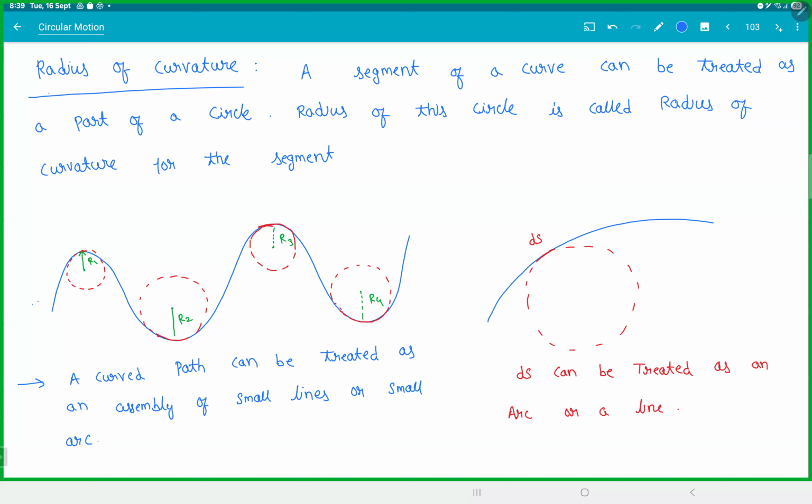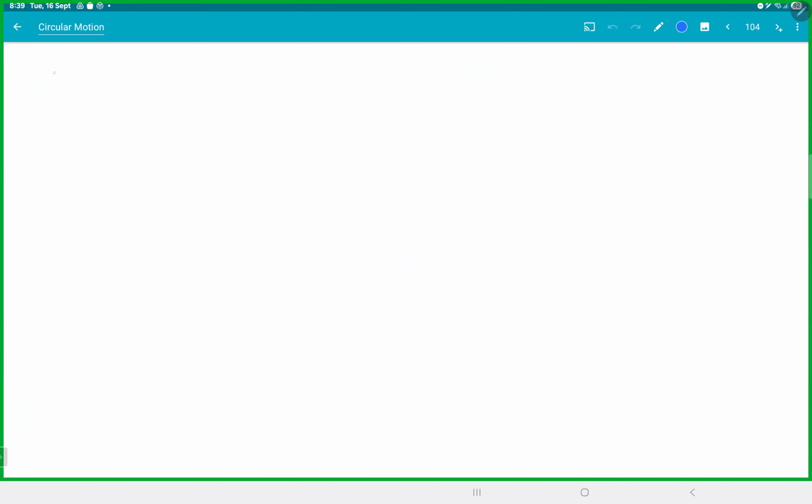Clear with this? For a circle, there is no problem. Radius of curvature is the radius of the circle. But if you are dealing with some random curve, then at every point the radius of curvature will keep changing. So how do you find this radius of curvature?